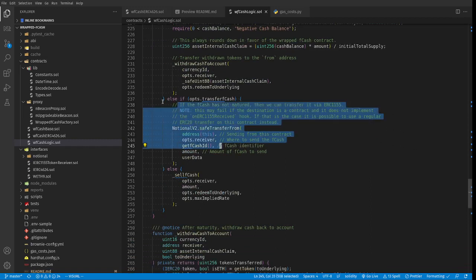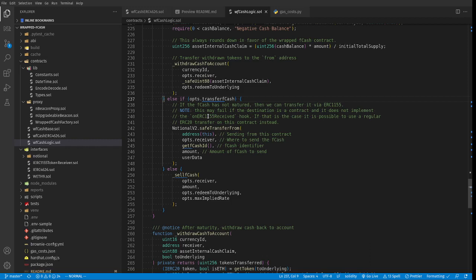If the fCash is not matured and you simply want to transfer it, this is probably not something people are going to do very much, but it is here as an important option. Like I said at the beginning, when you use the wrapped fCash contract, you lose the ability to borrow against that fCash.